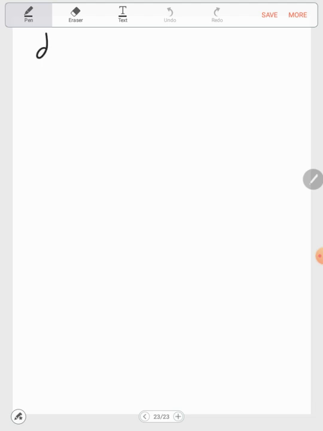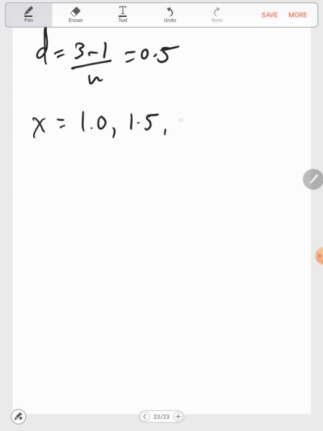So let's find our d. 3 minus 1 over 4, which is just 0.5. So the x coordinates, we're starting from 1.0. Then when we add 0.5, we have 1.5. Then we have 2.0, 2.5, and 3.0.